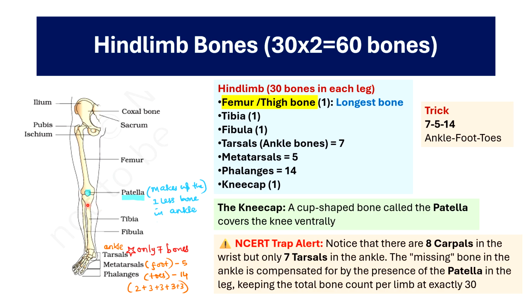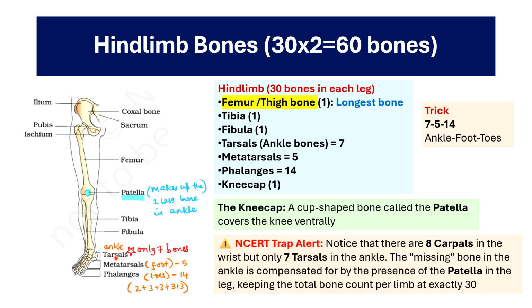But again, how is the number of bones coming to 30? Here there is one extra bone present in your knee region, that is known as the patella. Okay, the kneecap, that's a cup shaped bone called the patella that covers the knee ventrally, makes up the 30 bones that are present in your hind limb. So I repeat again, femur, the longest bone, one tibia, one fibula.